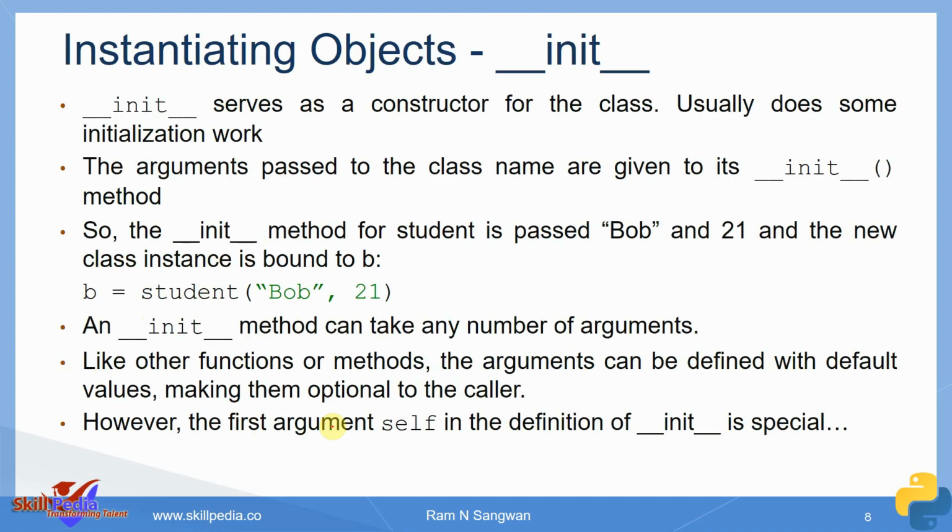We'll understand the meaning and then we'll do one example. Let's understand one by one. The term init was used. Init serves as a constructor for the class. It usually does some initialization work. A constructor by definition is something which is automatically called.